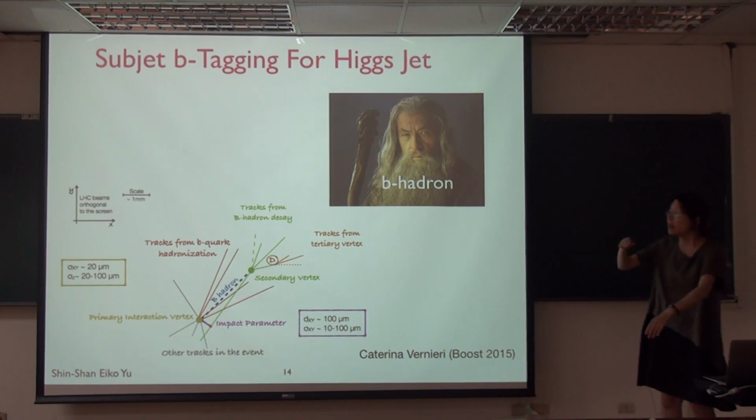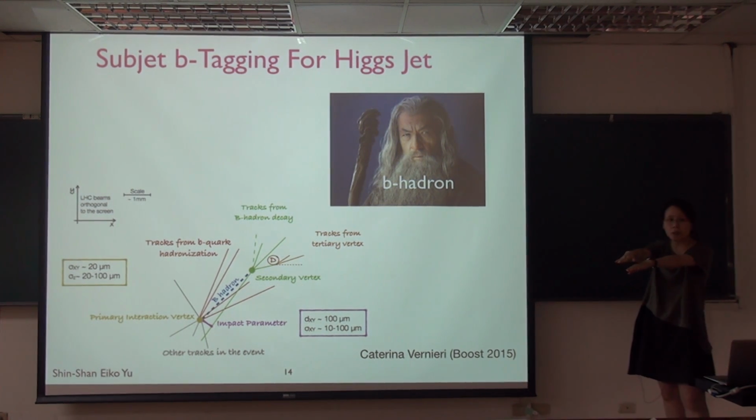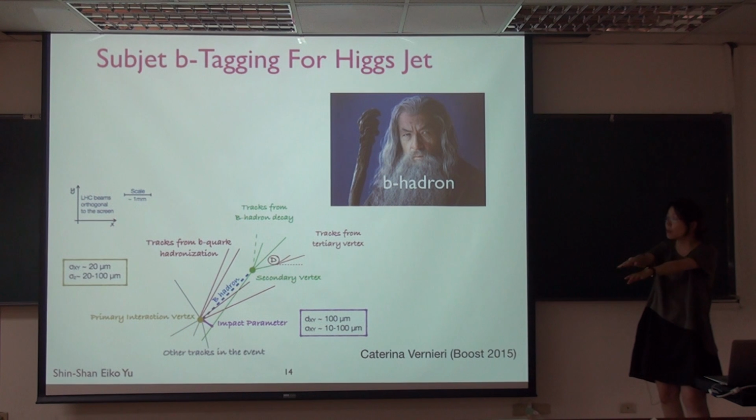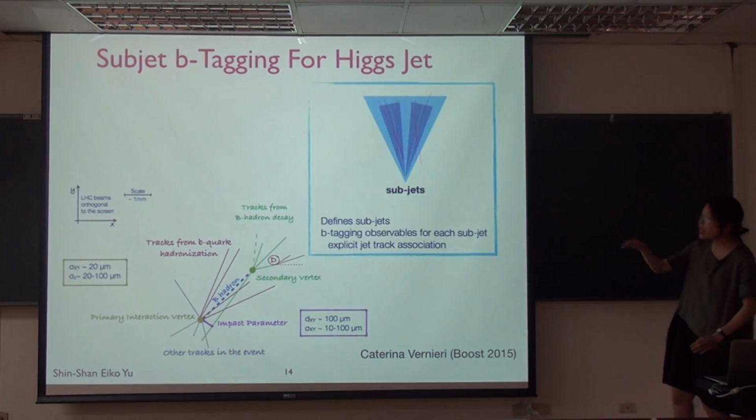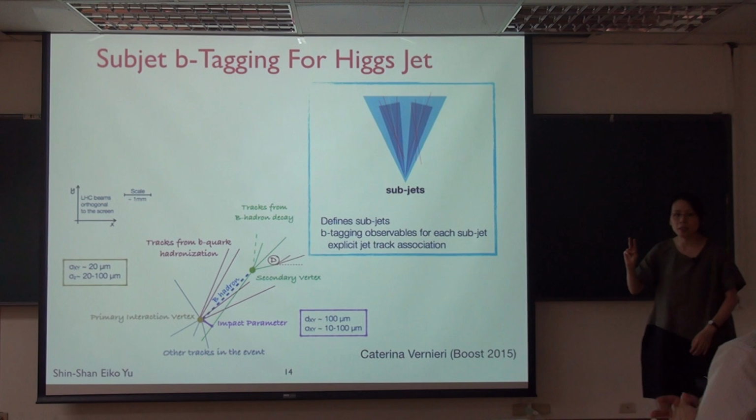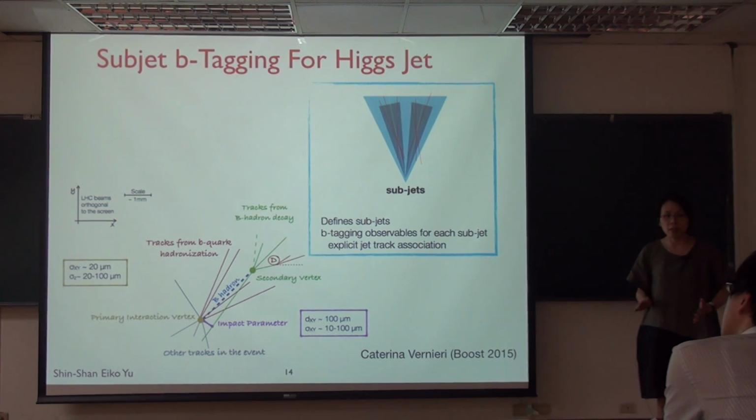So at very high momentum, when the two B quarks get closer and closer, if you still require that the Higgs jet contain two secondary vertices, then you are going to lose a lot of signal.